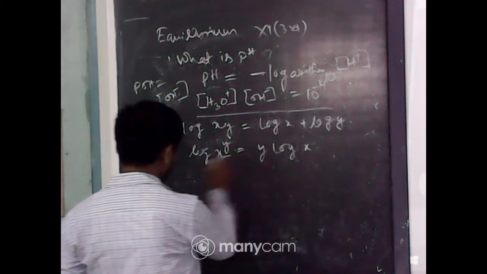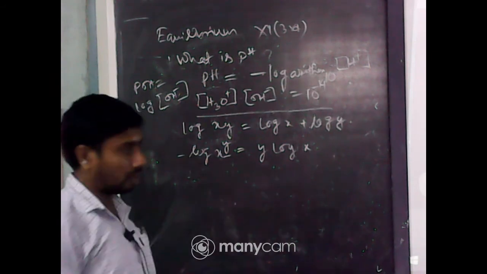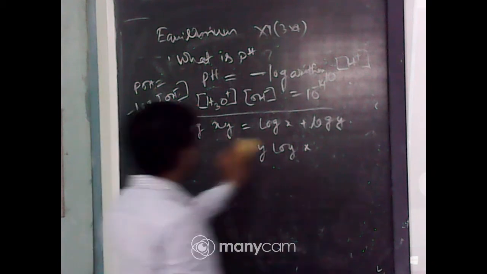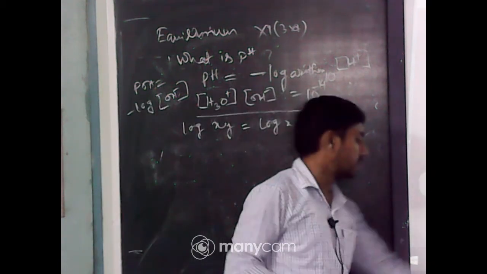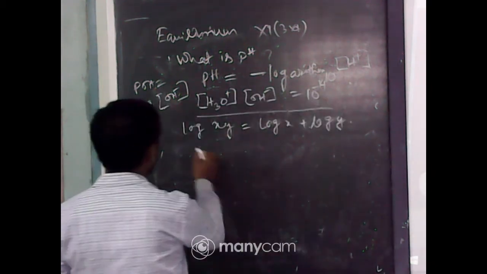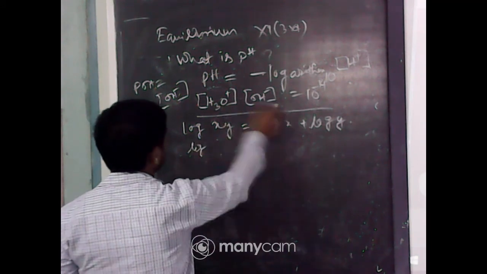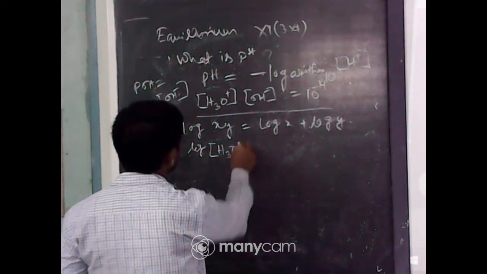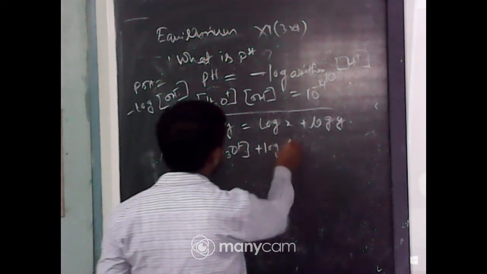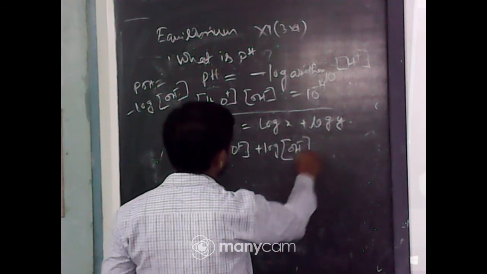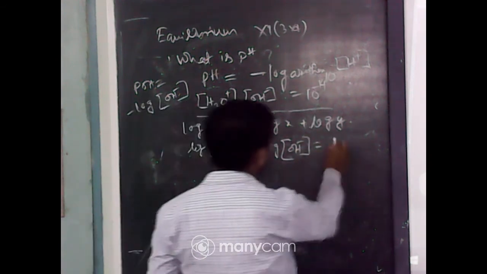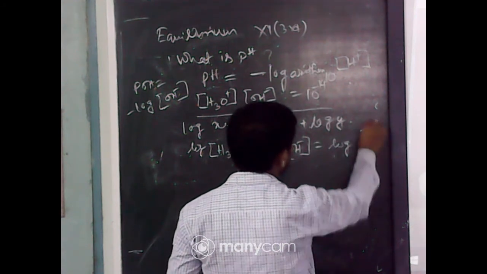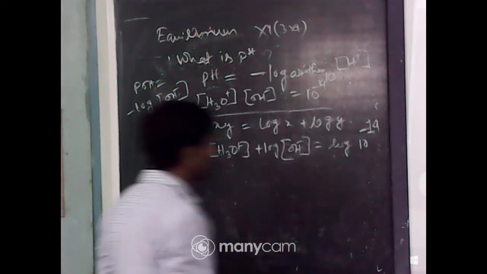So, the power comes before the function with its sign. Here we will apply the first rule, that is the logarithm of xy equals log of concentration of H3O plus plus log of concentration of OH minus, which is equal to logarithm of 10 to the power minus 14.